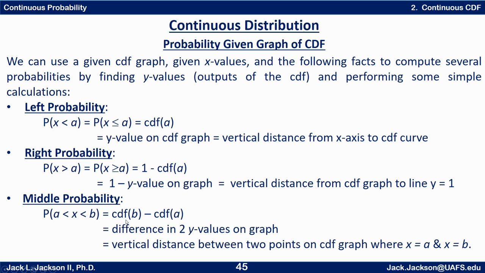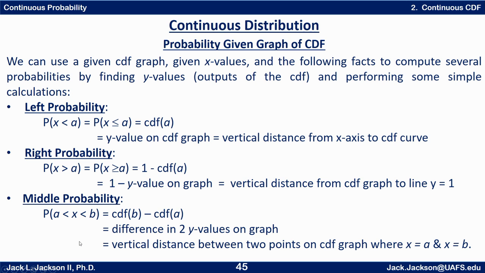So this turns out to be just the difference in two CDFs. It's the CDF of B minus the CDF of A. So it's the difference in two y values on the graph. And again, we can see this as a vertical distance. This is the vertical distance between the 2 points where x is A and x equals B, not the straight line distance, but just the vertical change between those 2 points.